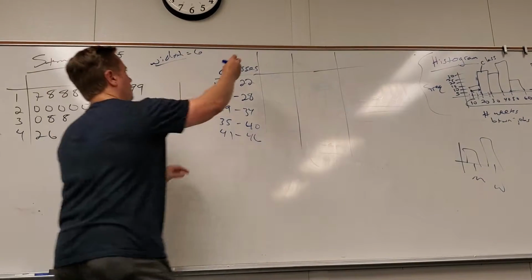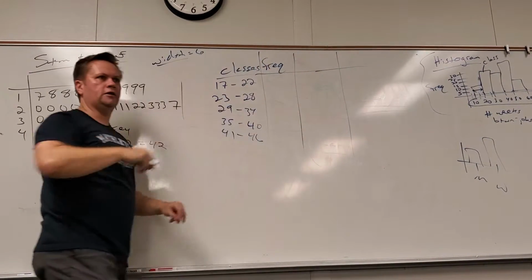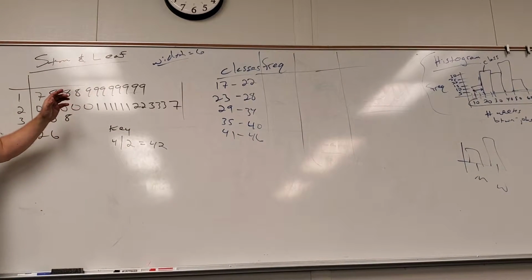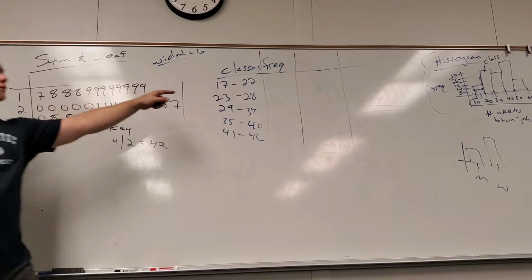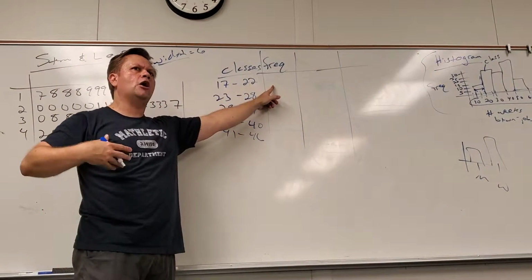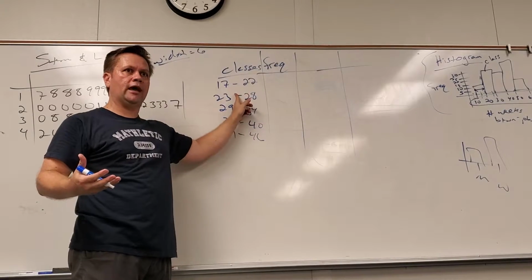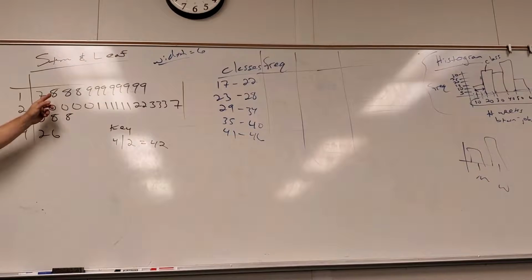Now, this is the frequency, which I affectionately refer to as the freak. What's your gut tell you I do to figure that out for this class? The frequency is how frequently somebody had an age between these two. So how frequently did that happen?